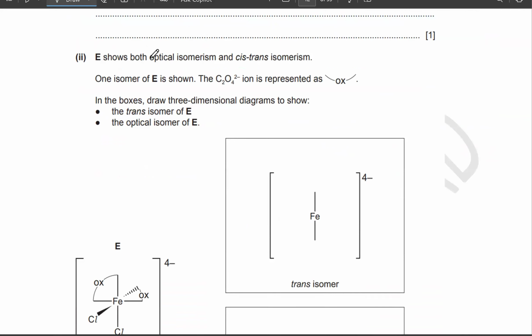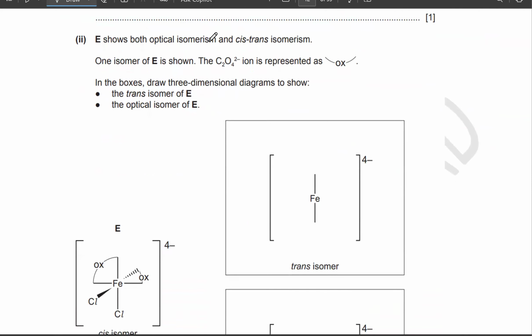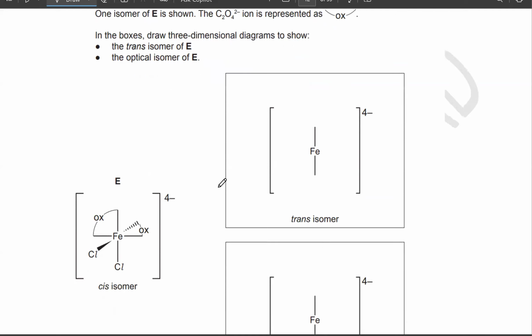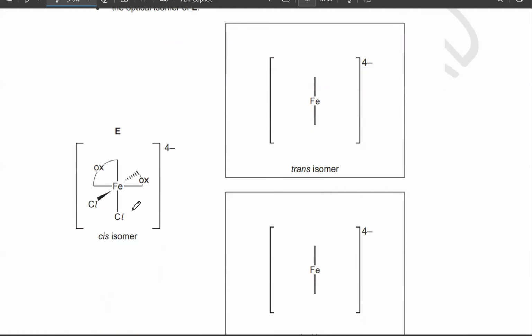He says E shows both optical and cis-trans isomerism. One isomer of E is shown, C2O4 ion is represented as ox. In the boxes, draw the three-dimensional diagrams to show the trans and the optical isomer. So this is the cis isomer, both Cls are on the same side. He's drawn the octahedral complex this way, so we're going to follow it.